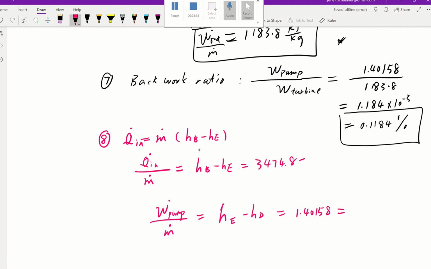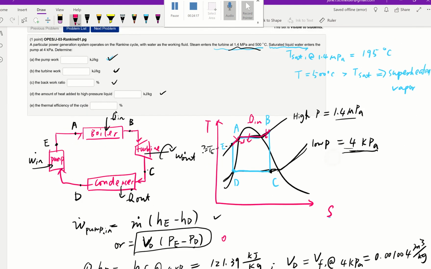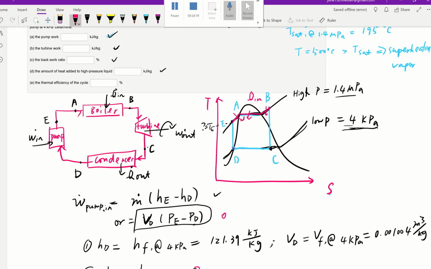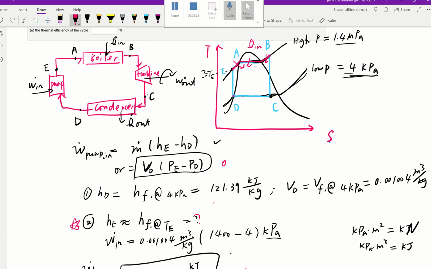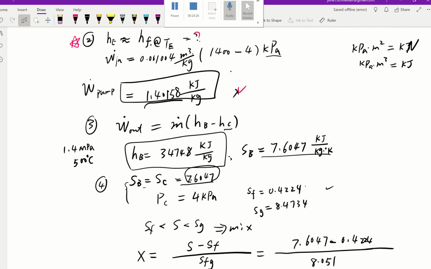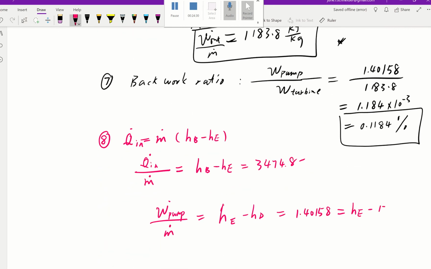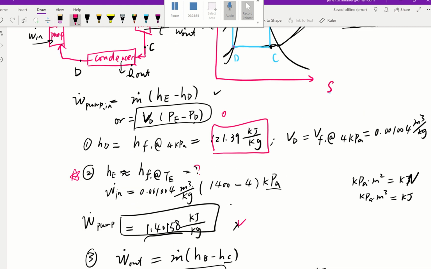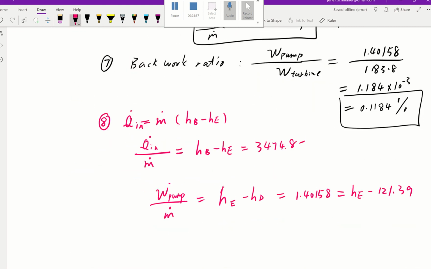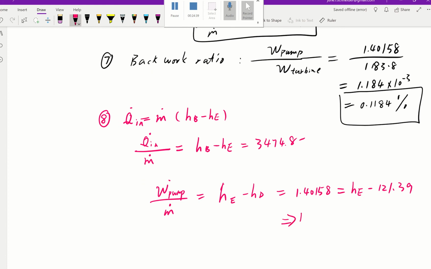And we also know our HD. D is our saturated liquid. Right here, you figure out HD. We just didn't use it before, and now it's time to use it. It's 121.39. All right, just making sure I got the number right. Then in that situation, you can use this way to find the enthalpy at E. Isn't that something?